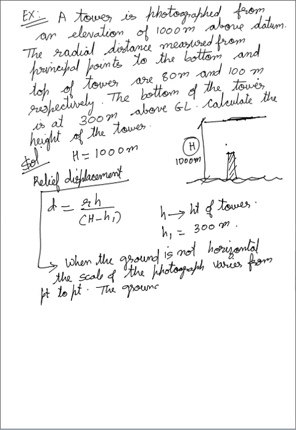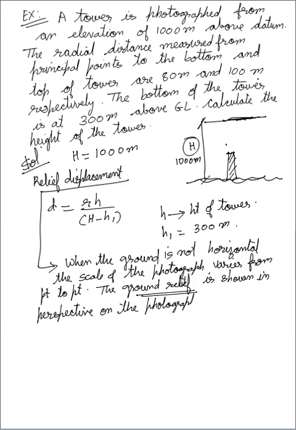The ground relief, which means the topography, is shown in perspective on the photograph. So basically it is a perspective projection.